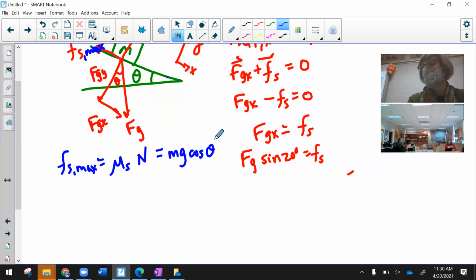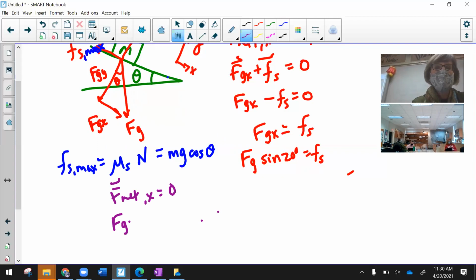Okay. So at the same time, I can still go back and do F net x is equal to 0, because I'm at the point where if I tilt it any more, it's going to slide. Okay? So I've still got that my FGX is going to be minus Fs max.